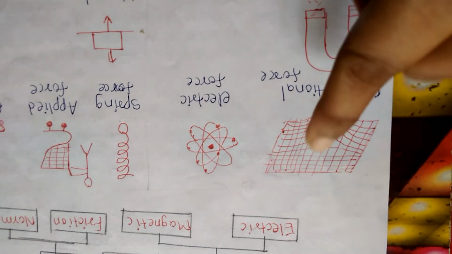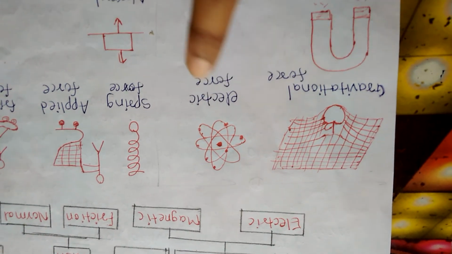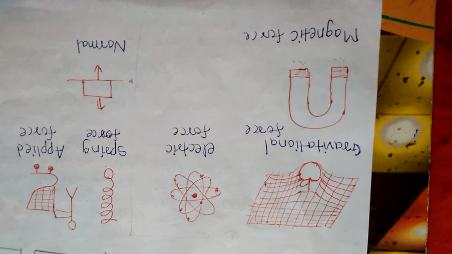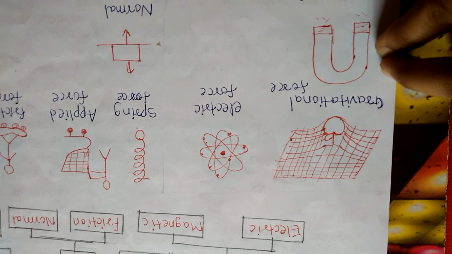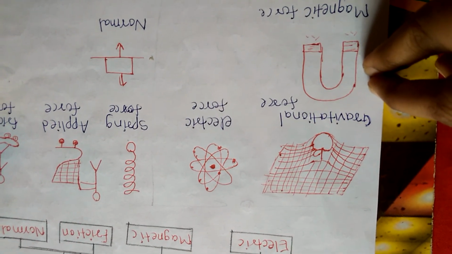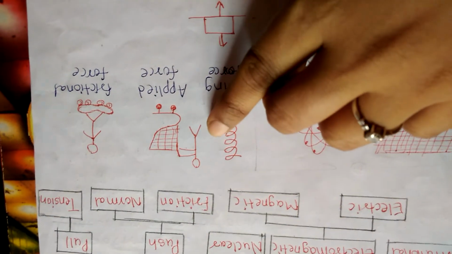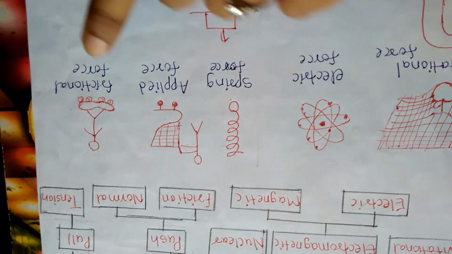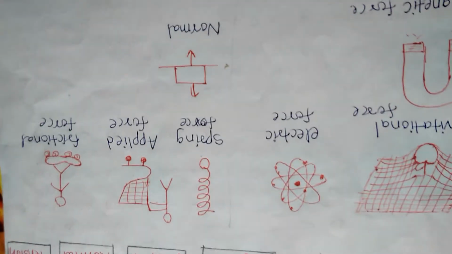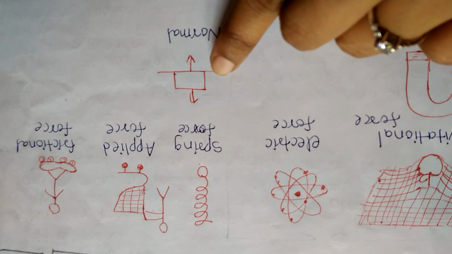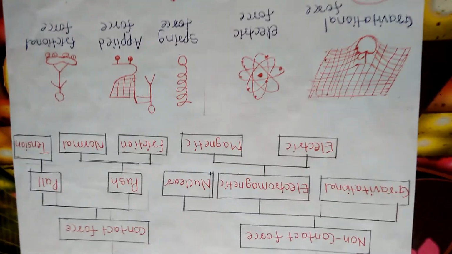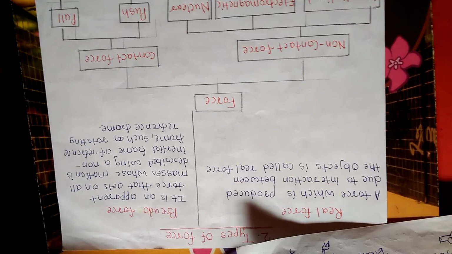This is the gravitational force, electric force, and magnetic force. These forces I will explain in my next lecture. Then spring force, some applied force to the trolley, then frictional force and normal force. I hope you all understand today's concept.